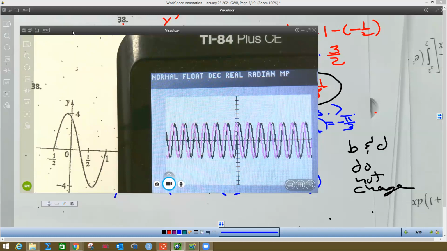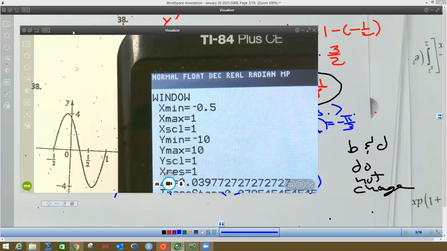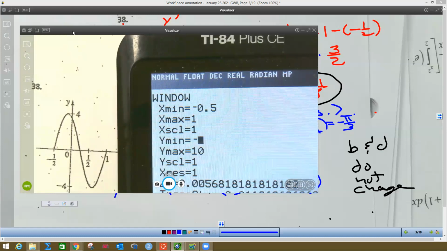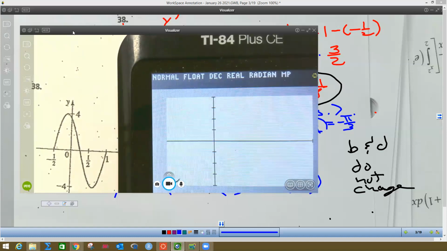Doesn't it go from negative a half to 1? And doesn't it go from negative 4 to 4? So if you change your window and you go from negative 0.5 to 1, and you go from negative 4 to 4, that will make it look more like the original graph.